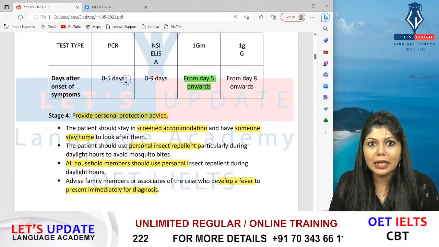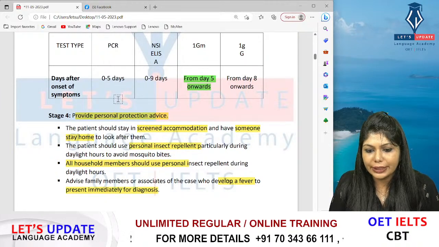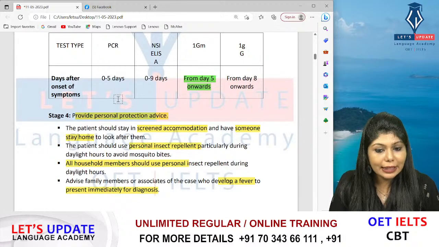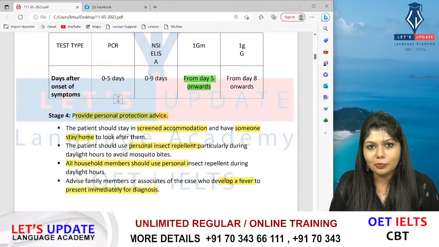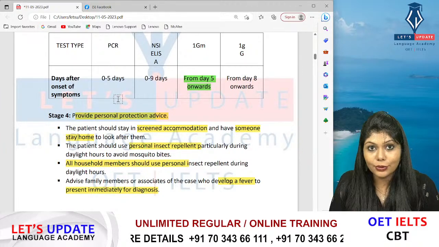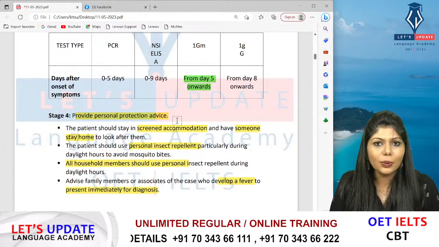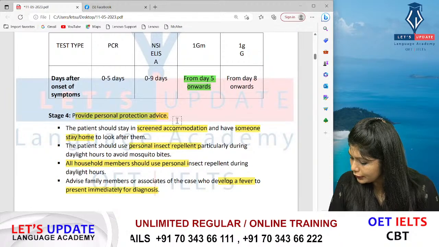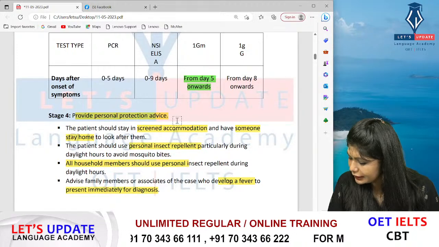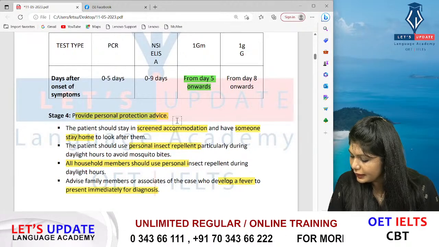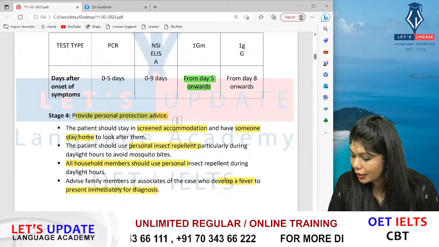So what else can you order within these 3 days? That's an easy answer because there is just one other option. You need not get confused, right? Because there is one other option that you can include. Within 3 days of symptoms beginning, a PCR or dash.